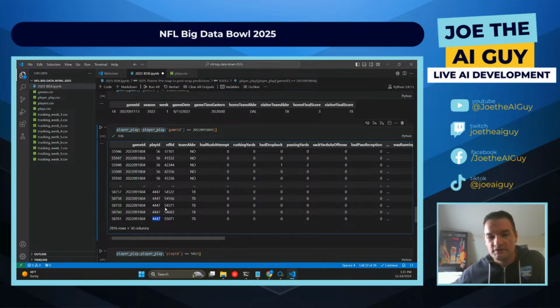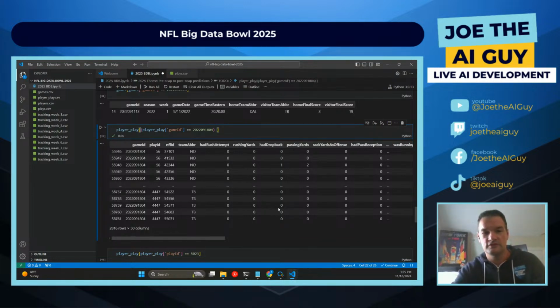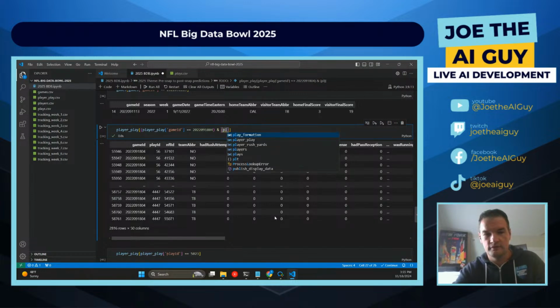Here are the players default. This is the last play ID in the table. Let's filter this as well. Player play. We have rush attempt.